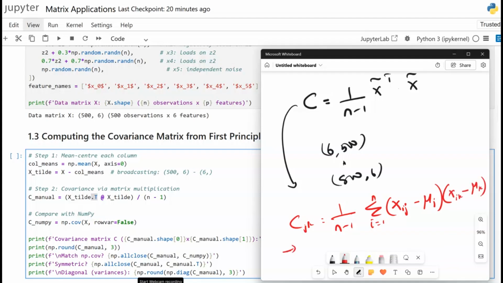So this is the exact entry. This is the interpretation that makes diagonal entries the variance of each feature, and off-diagonal entries the pairwise covariance.